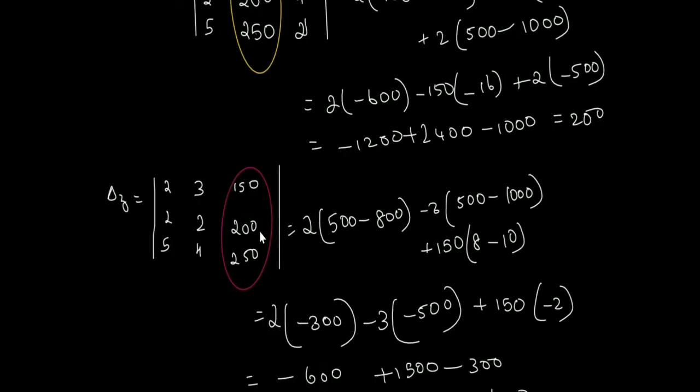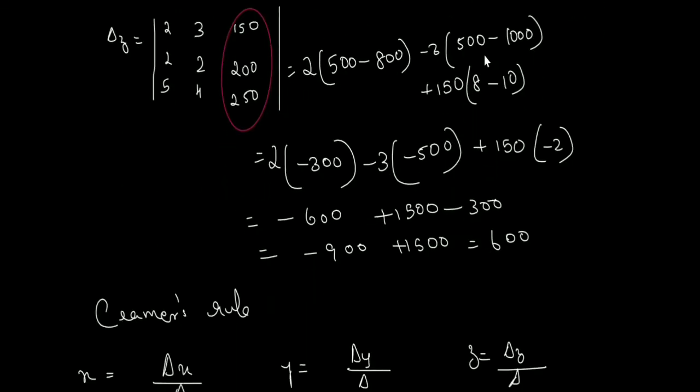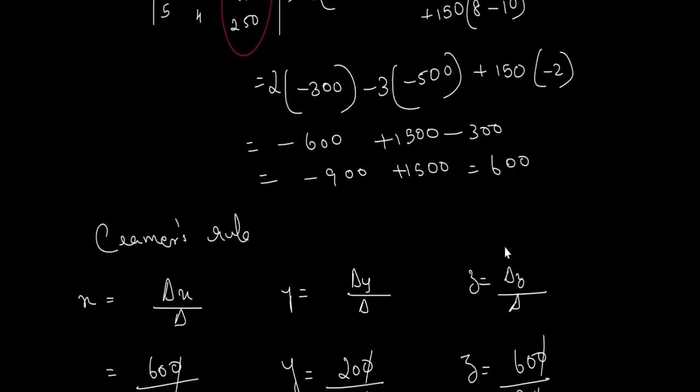So now multiply 2 into 500 minus 800. Then here minus 3 into, cut this row, cut this column, 500 minus 1000, plus 150 into, cut this row, cut this column, 8 minus 10. So we get minus 300, minus 3 into minus 500, plus 150 into minus 2. So minus 600 plus 1500 minus 300. So minus 900 plus 1500 is equal to 600.